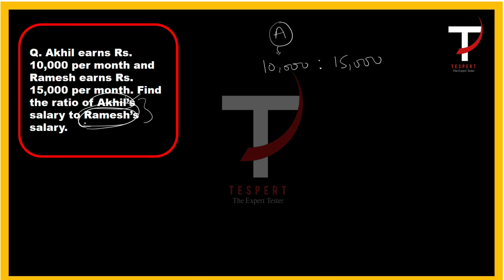After that we find Ramesh's salary, so Ramesh will come after. So just solve. So 2 is to 3. This is the ratio of the salary of Akhil and Ramesh.